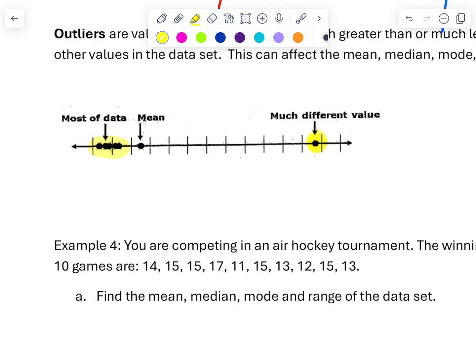What that does is that makes the mean, in this case, the average, greater than what the class is showing here. So if we're saying this is test scores, for example, let's say most of the class got around a 70, and then we have someone up here that got a 98.